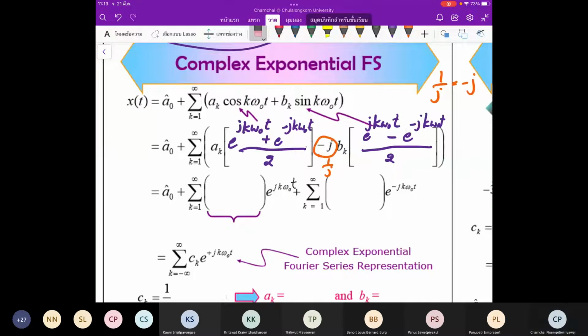What's the coefficient of this one? Well, it's this term, and the coefficient is AK and then negative jBK over 2. So we got AK minus jBK all over 2.